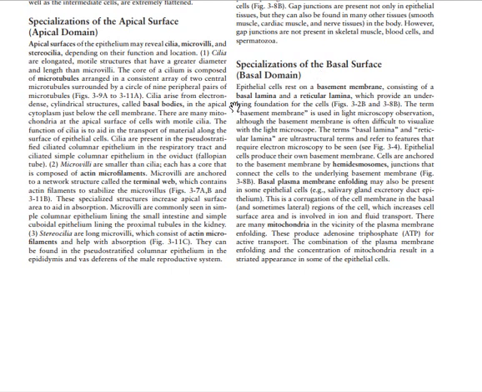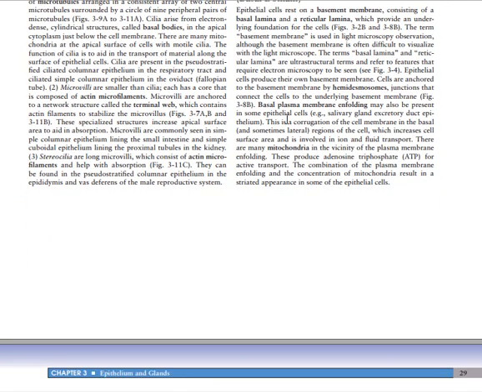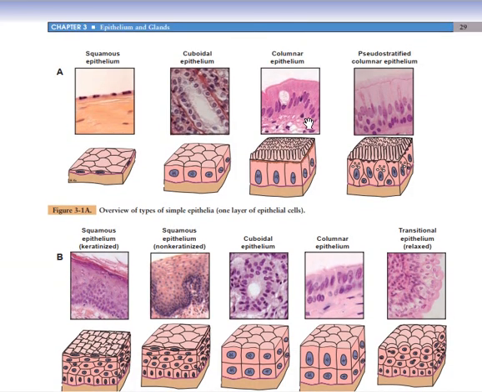On the electron microscope, you can visualize the basal lamina and the reticular lamina. The basal lamina is directly connected to the cell, while the reticular lamina is inferior to the basal lamina. Okay, so these are the different things that we wanted to know. And now the epithelial cell is connected directly to the basement membrane by the hemidesmosome. So now these are the structures of these different cells.